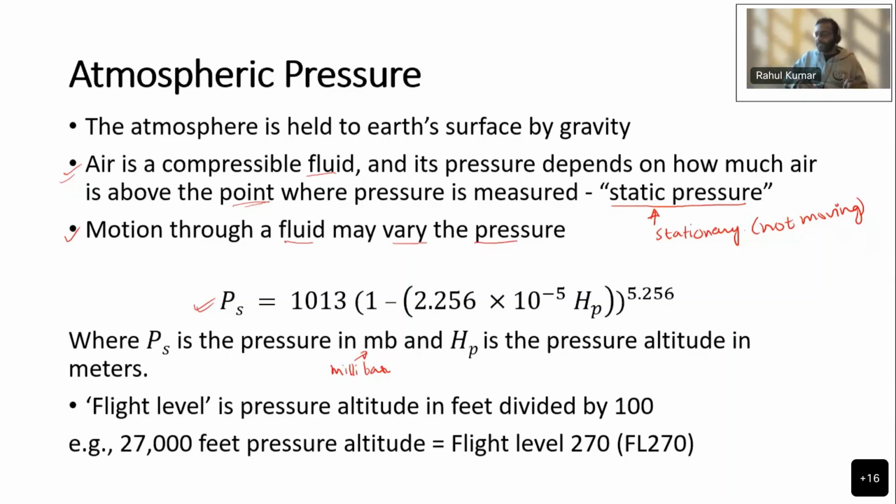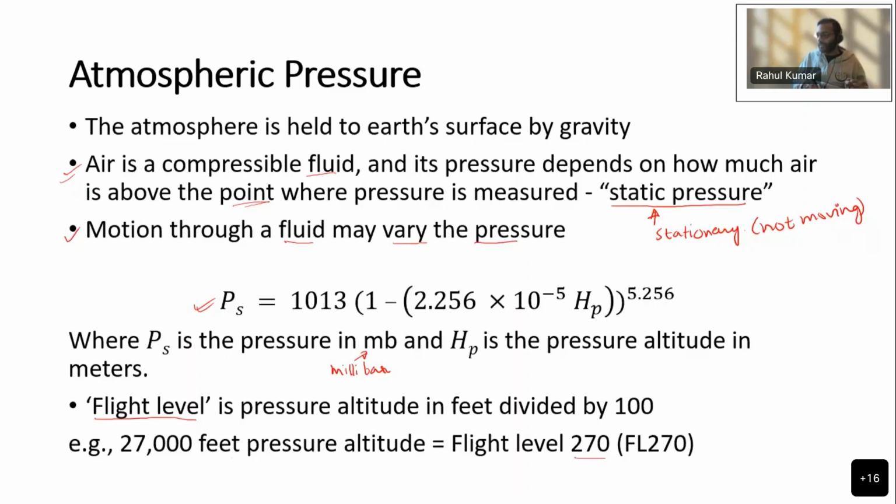Now flight level, sometimes you may get this word, flight level, in a numerical or otherwise also. So flight level is the pressure altitude in feet divided by 100. So for example, this 27,000 feet pressure altitude will be flight level 270.